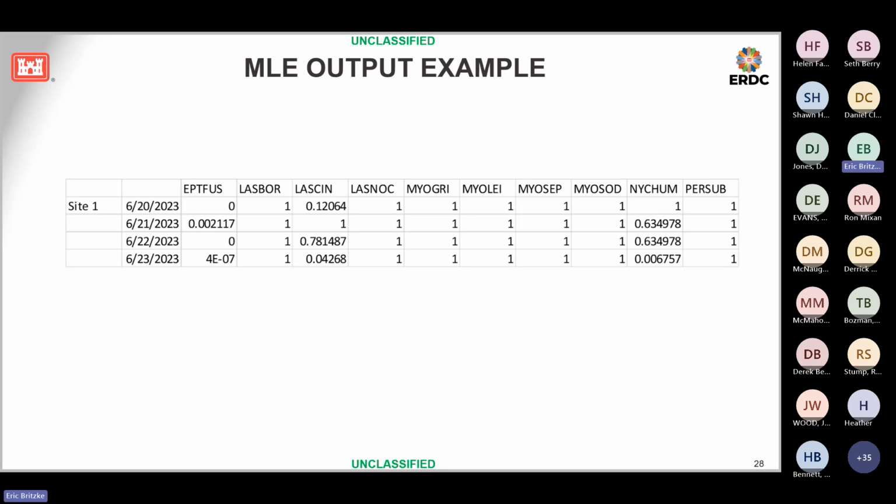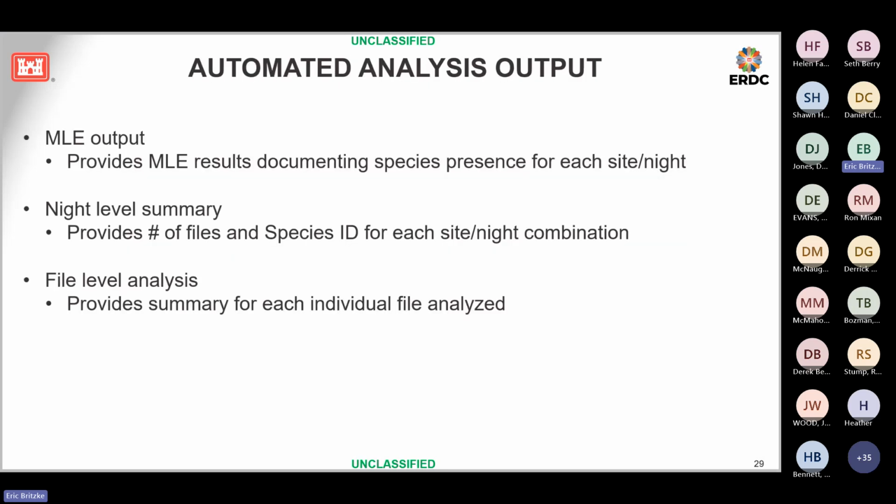On the same 4 nights, the eastern red bat was not detected. So we can use the results of this to determine species presence out on the landscape. That's how we interpret the MLE. The idea with the MLE is to make it easier to comprehend what's going on with our classification rates and our species IDs.